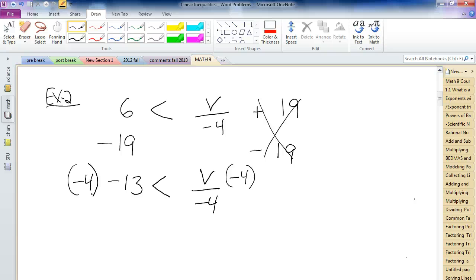So what does that mean? That means this inequality sign needs to switch from that direction to that direction because we're multiplying by a negative number. These cancel out. You're left with v. Negative 4 times negative 13. They're multiplying each other, right? Signs are the same. Positive 52.